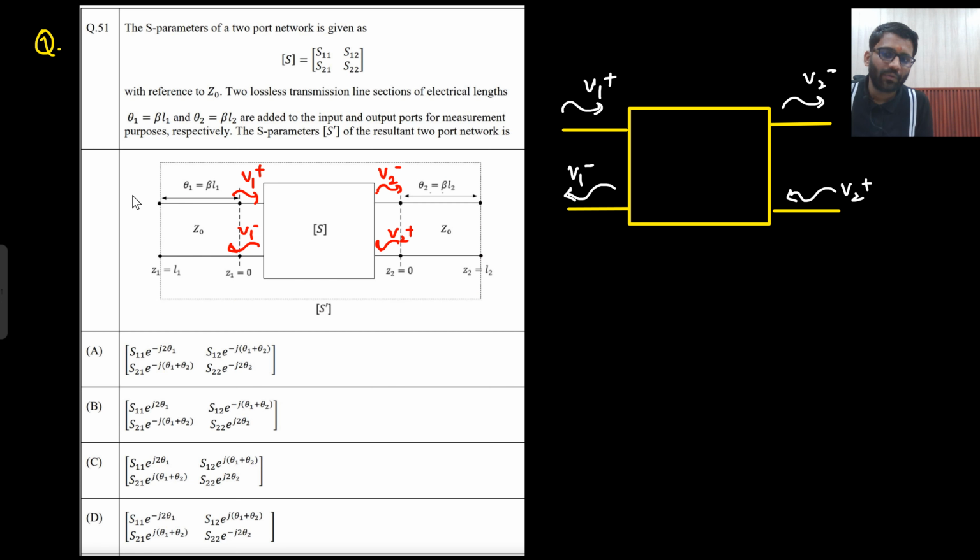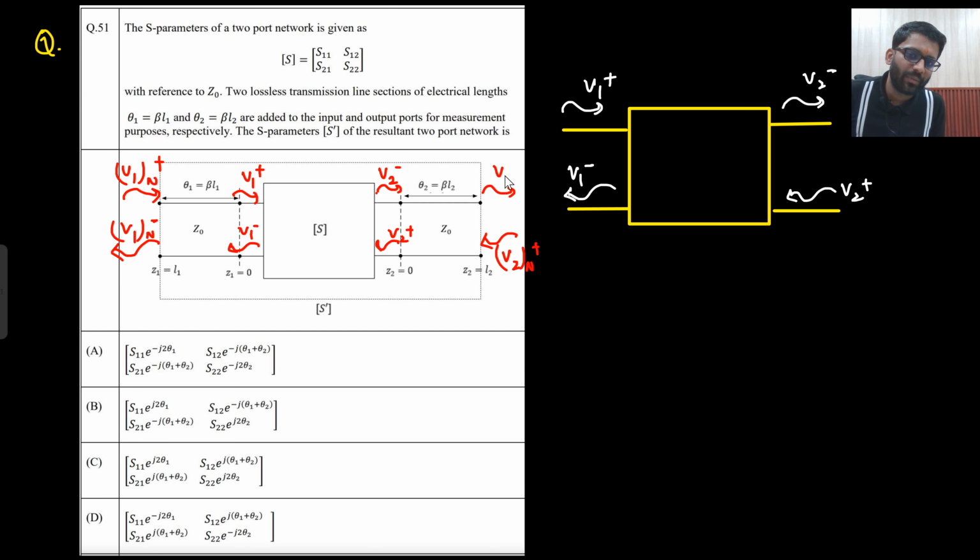So now we will send some V1 new plus here and V1 new minus will be reflected back, and here we will send some V2 new plus and V2 new minus will be reflected back. Are you getting this point?